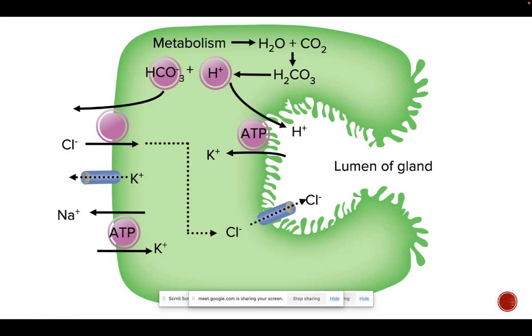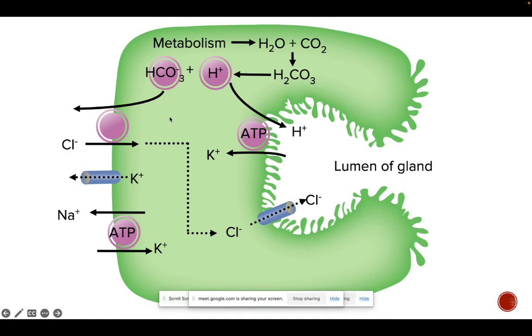Here, the diagram shows the formation of HCl. In the parietal cell, the H2O and CO2 combine to form H2CO3 with the help of an enzyme known as carbonic anhydrase. It further dissociates into H positive and bicarbonate ions.